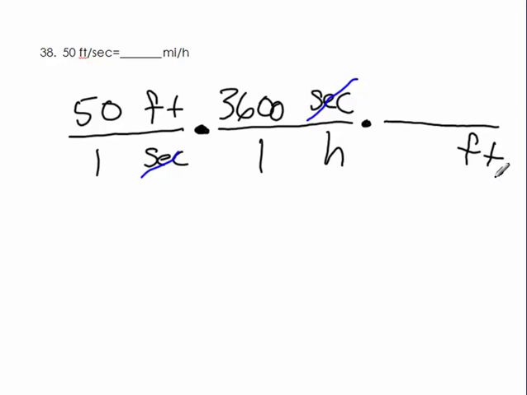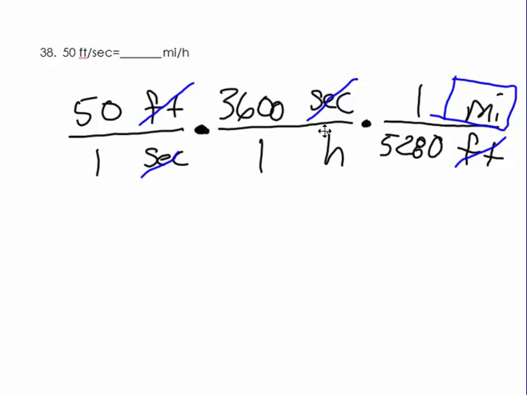I want to turn feet into miles, and there are exactly 5,280 feet in every 1 mile. Now I can cancel feet with feet, and I'm left with miles over hours. So my final answer is going to be in miles per hour, which is nice.